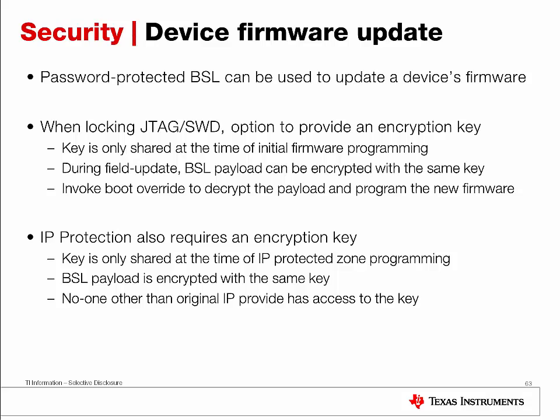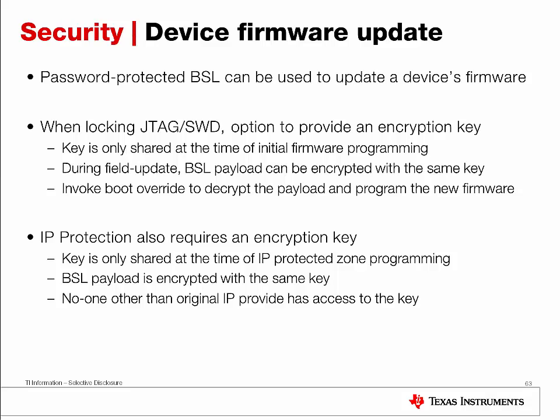This encryption key will allow the BSL to encrypt the payload before programming and transferring the data over to the device. So the key is only shared at the time of initial firmware programming, and then the BSL host must encrypt the payload with the same key so that the BSL communication can be secured and protected from any snooping on the BSL line.